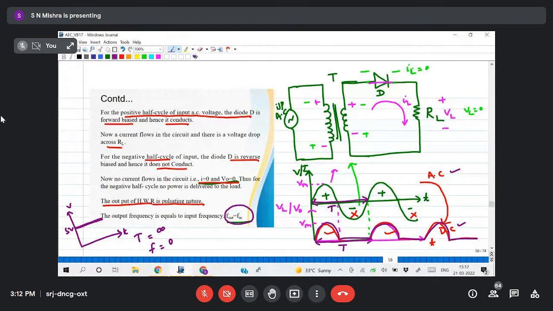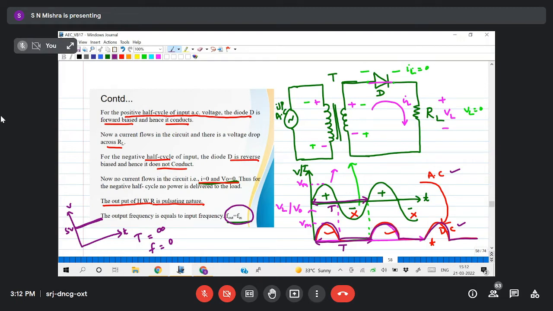So efficiency means what? Do you know what is efficiency of any circuit? The general idea of efficiency, because in plus 2 level you have found efficiency in some problem. Yes, sir.